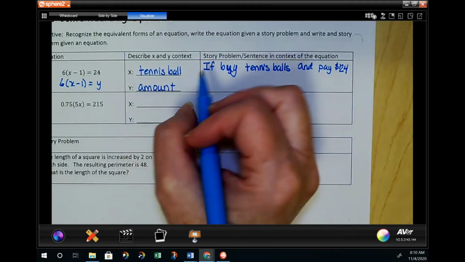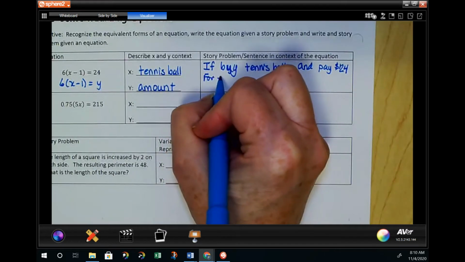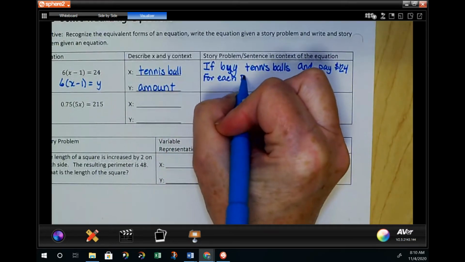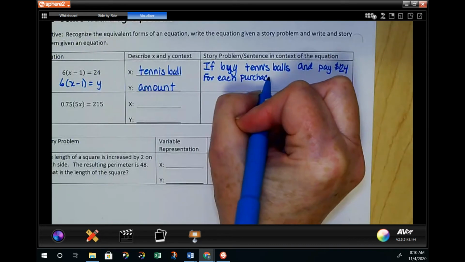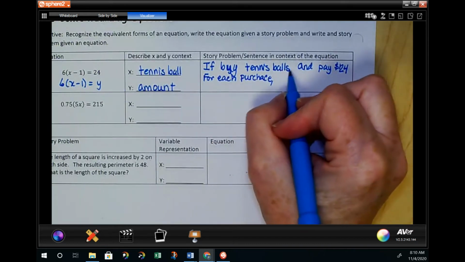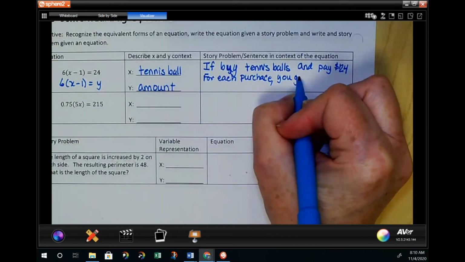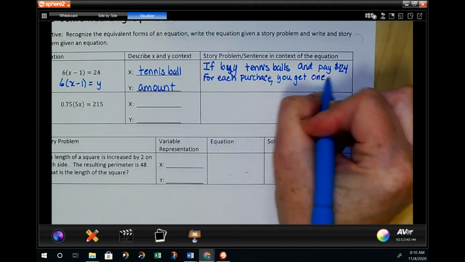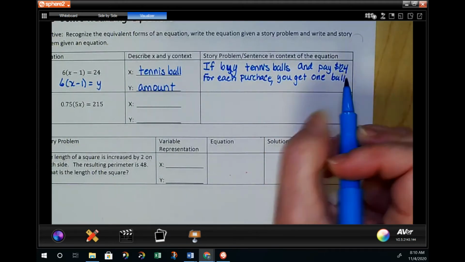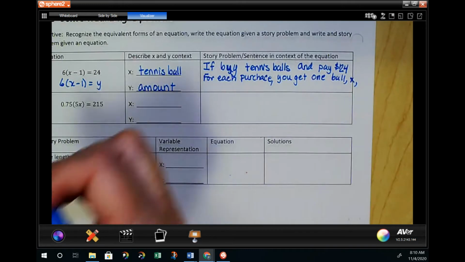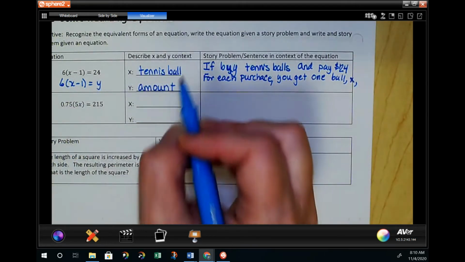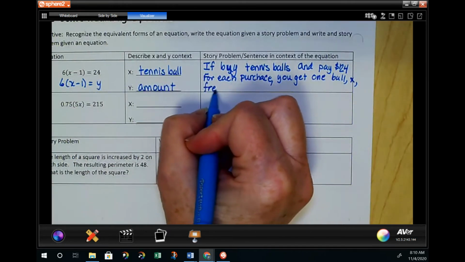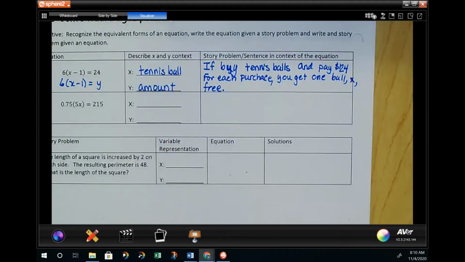For each purchase, you get 1 ball, that would be x, free. And that's why you have that x minus 1, because you get that 1 ball free. That's where you're going to go through and subtract it.